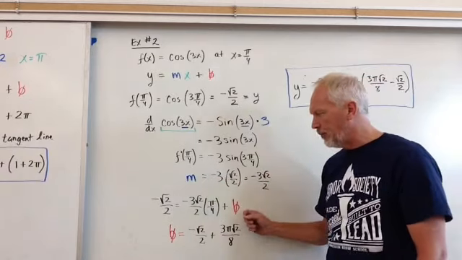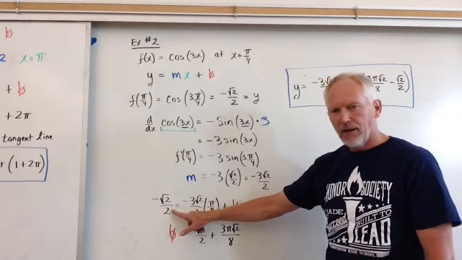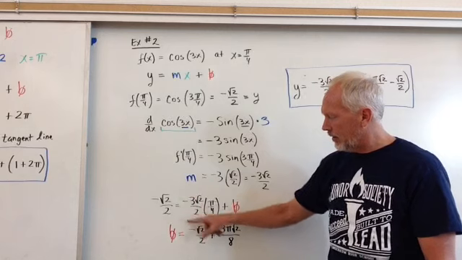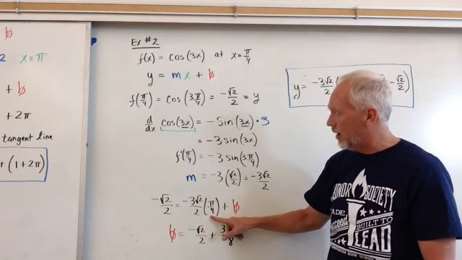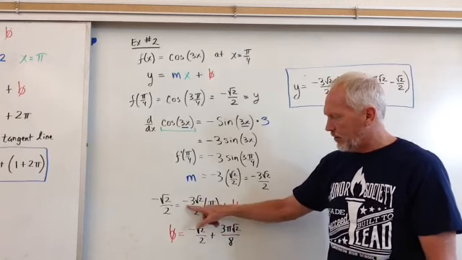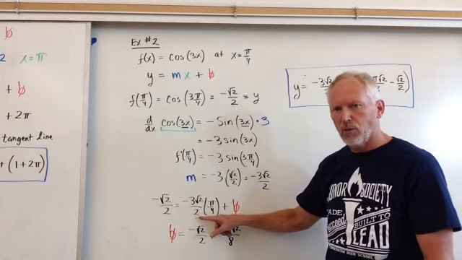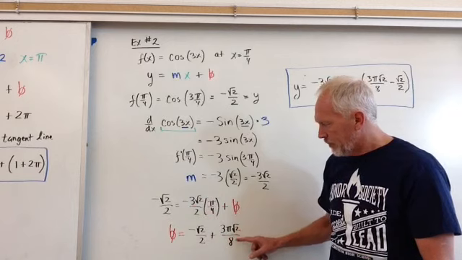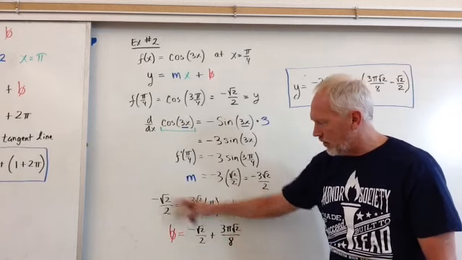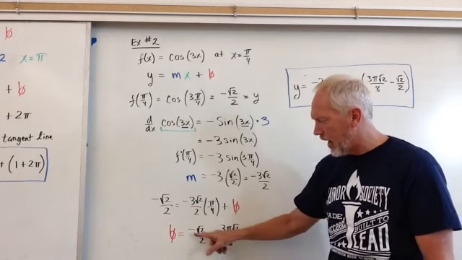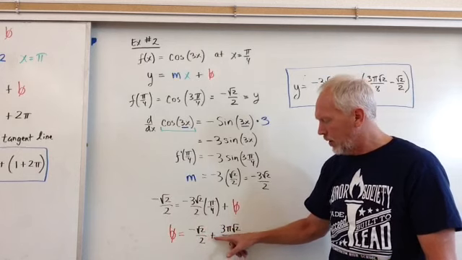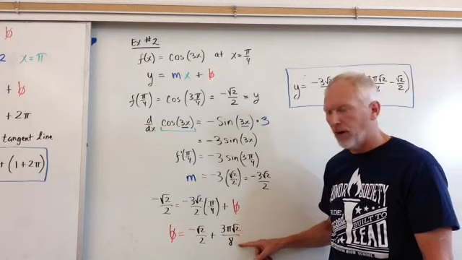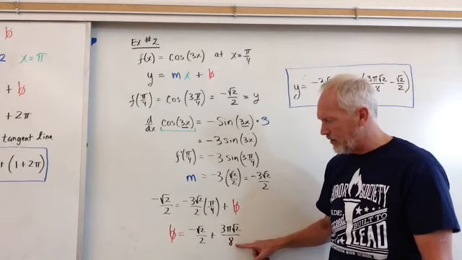So now we want to solve for b. We have y, negative root 2 over 2, is equal to our x value of pi over 4 times negative 3 root 2 over 2, which was our m, plus b. And we put that together. We move this to the other side. We get b is equal to negative root 2 over 2 plus 3 pi root 2 over 8. 2 times 4 is 8.